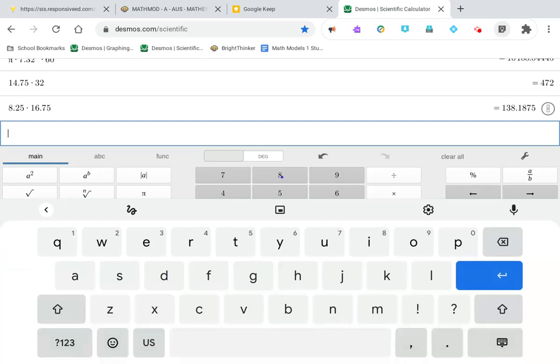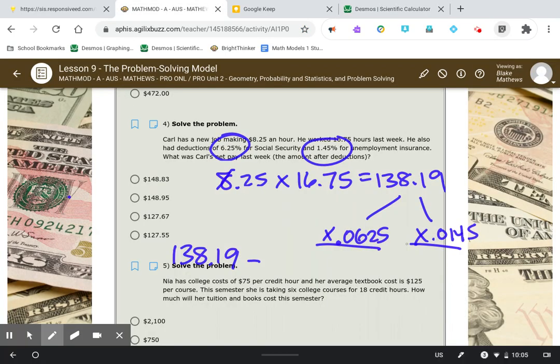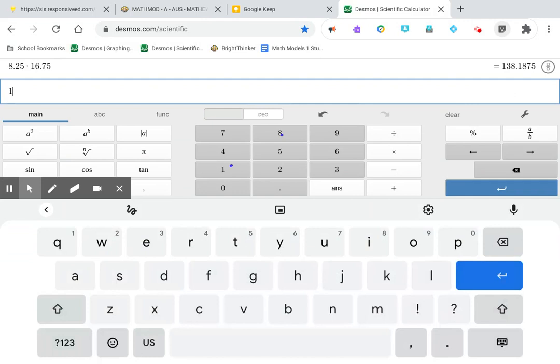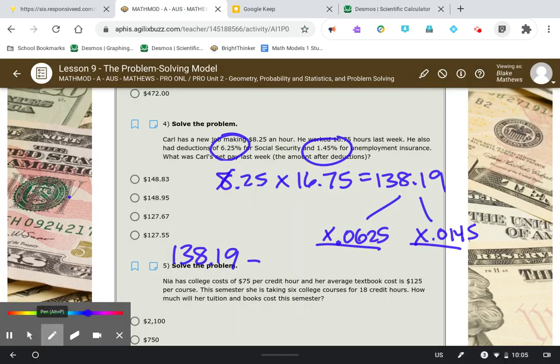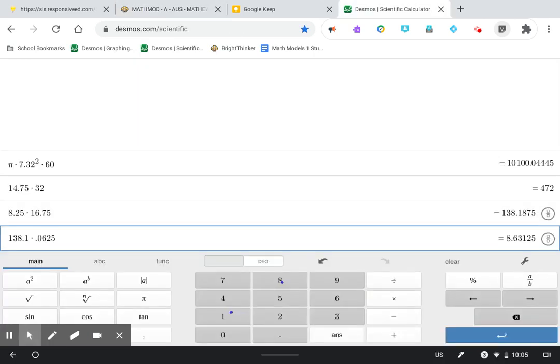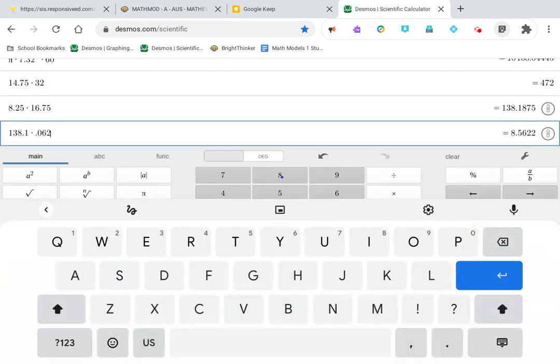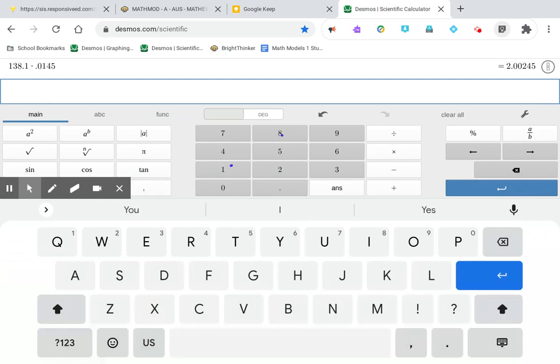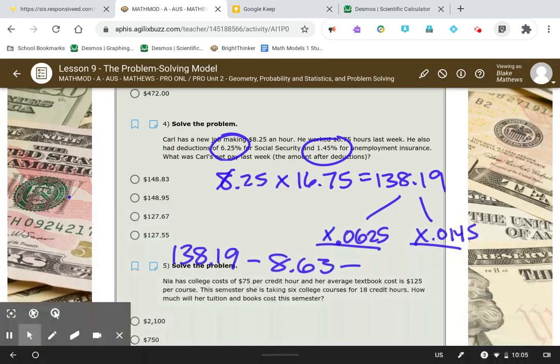So let's go and do that. 138.19 times 0.00625, and we get 863. So we're going to subtract 863, and then we're also going to subtract same number times 0.145, and we get $2 flat.